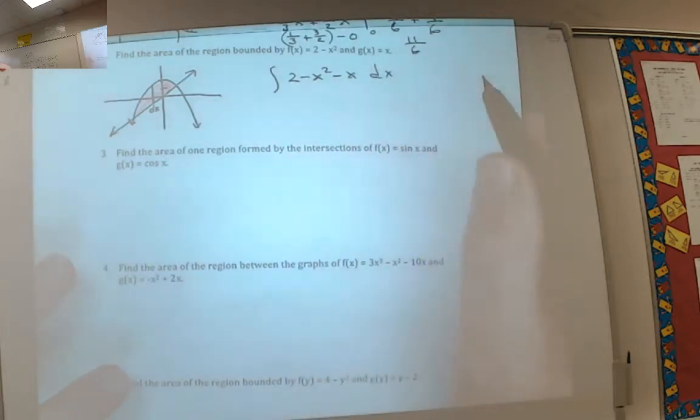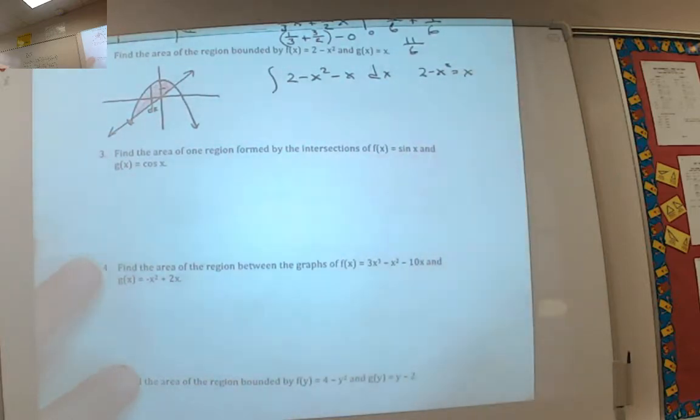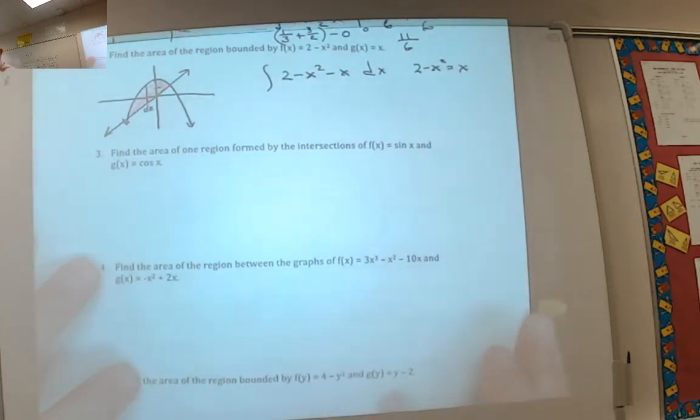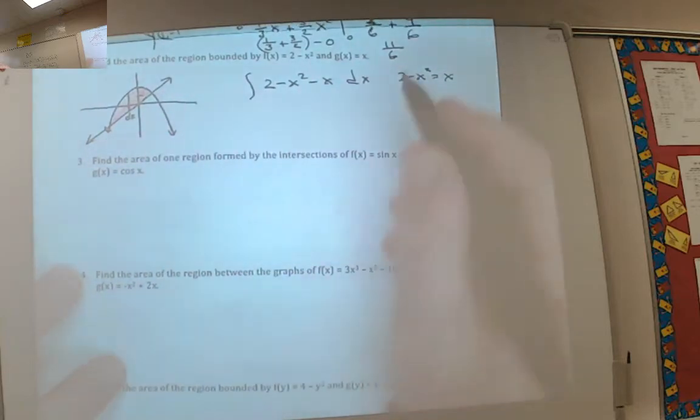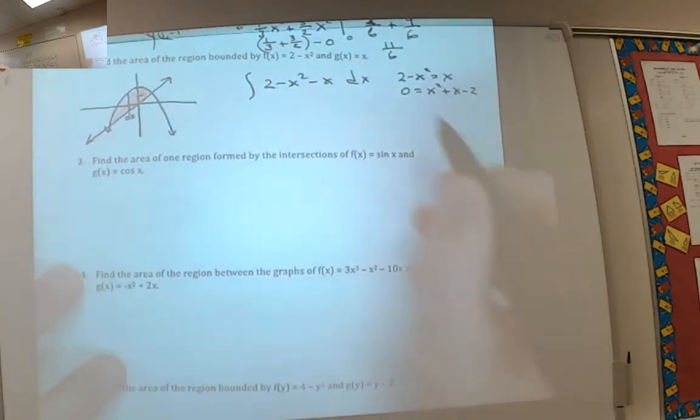What we do is we set them equal to each other to figure out what the x is. You remember doing something like that? And what I'm going to do is make this equal to 0 because it's a quadratic, and I get x squared plus x minus 2.